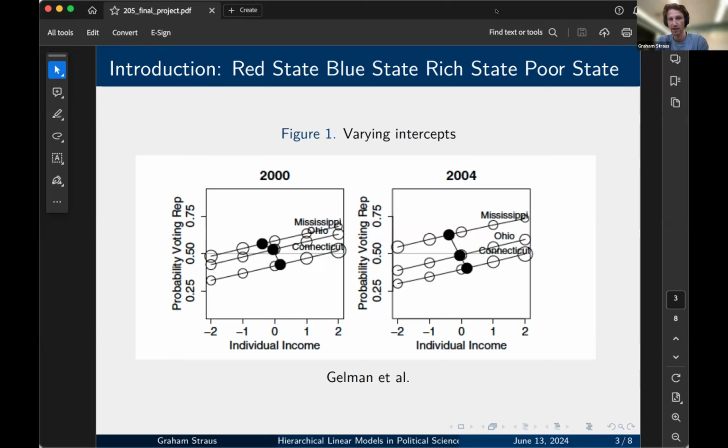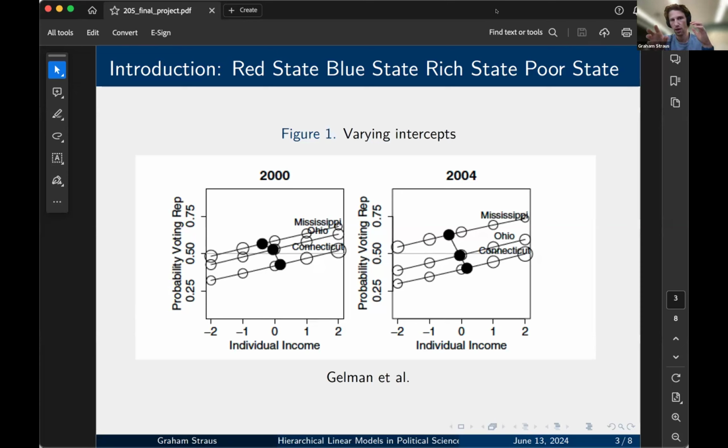So if you have the median income of the state and the vote share, those are the dark black circles on these graphs. You just have the median income in the state and the vote share in the state. You're going to see, as you move to the right and get wealthier, less support for Republicans.